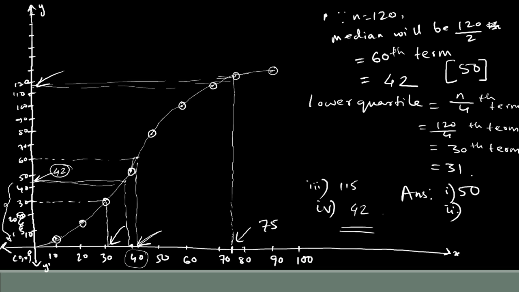The lower quartile is the 30th term. The answer is 30. Okay. The third answer is 110. If you draw it on graph paper, you will find these answers, or at least near to these answers.